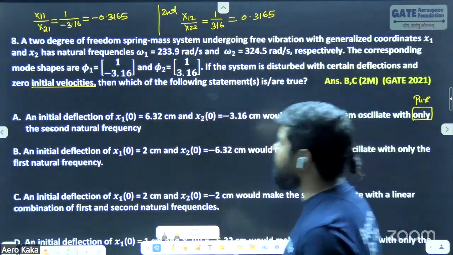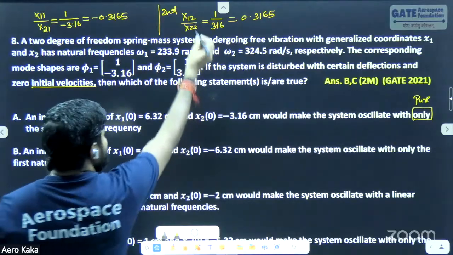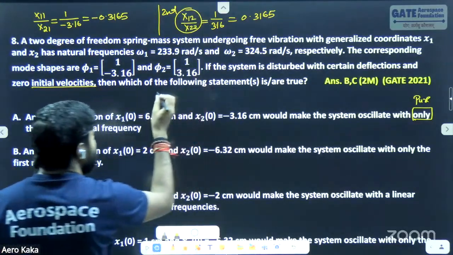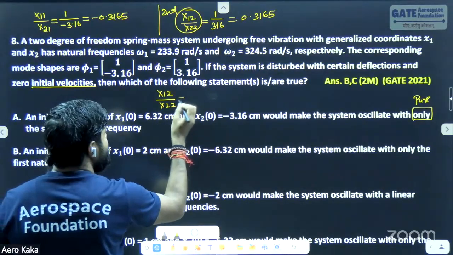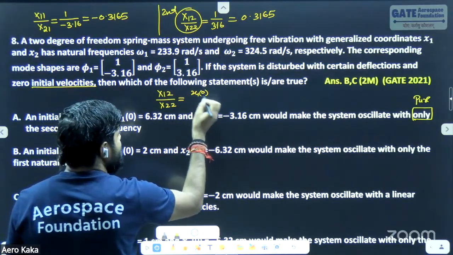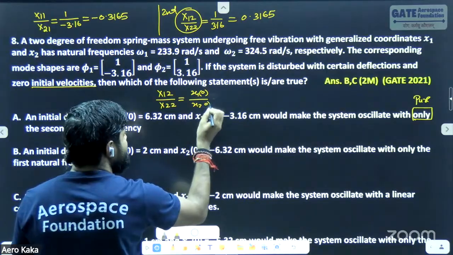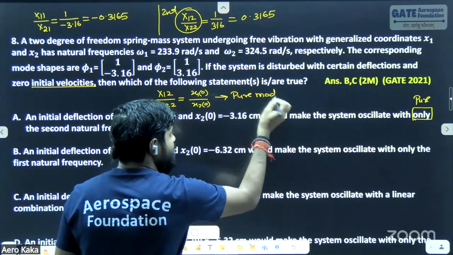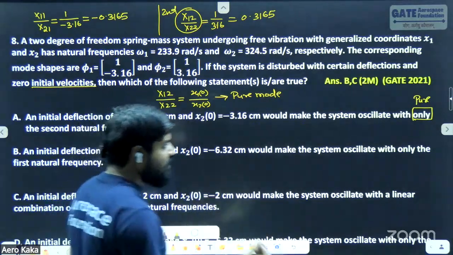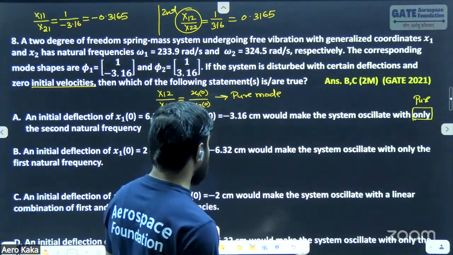How to find out this one? Just compare x12 upon x22. If this x12 upon x22 is equal to x10 upon x20, it means that it's a pure mode, or it will vibrate in the second mode alone.